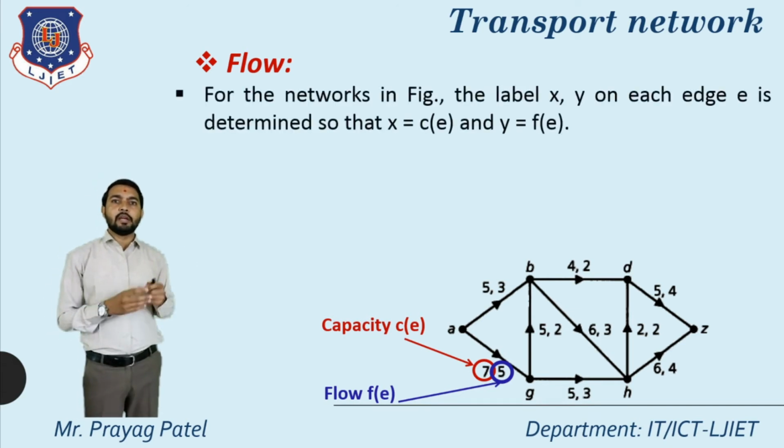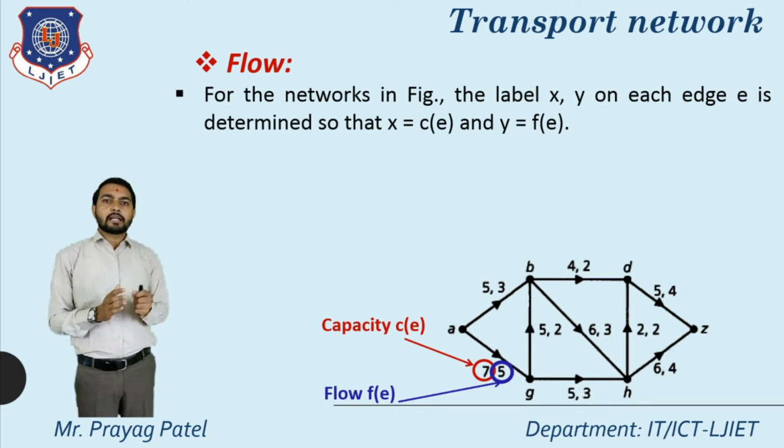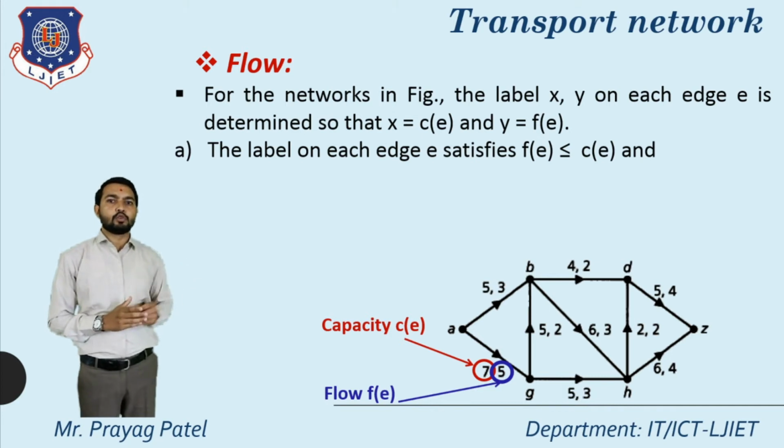These two values are represented in the form of a pair X and Y, where X equals C of E, the capacity, and Y equals F of E, the flow. The label on each edge E satisfies F of E less than or equal to C of E. So see here, flow is always less than or equal to capacity. 7 is the capacity, 5 is the flow.